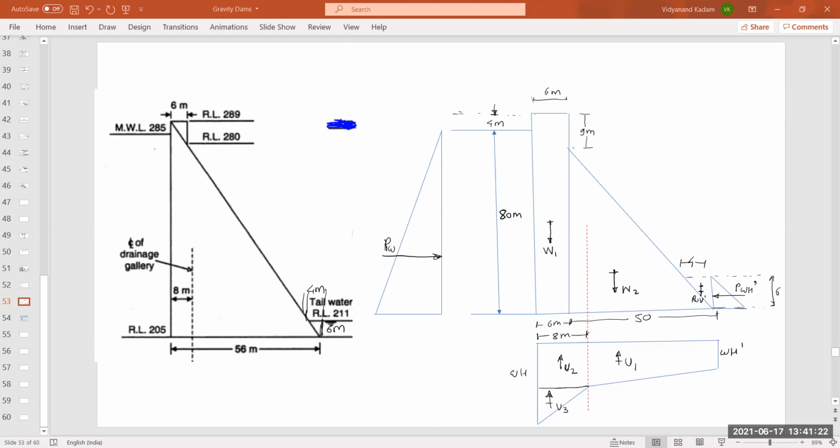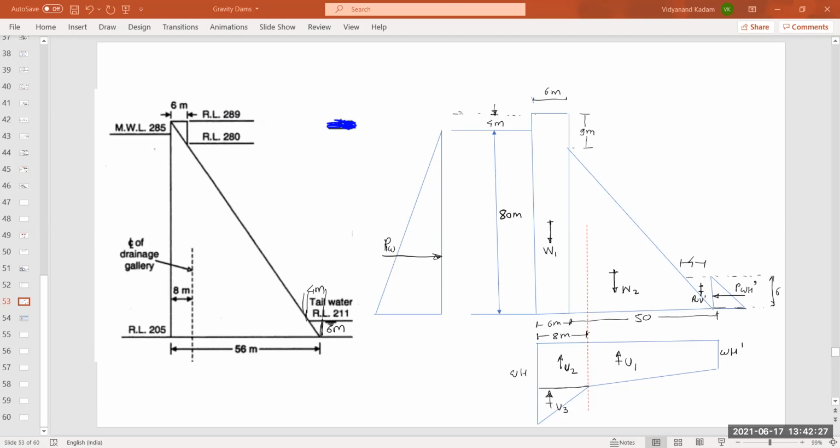We are talking about the calculation of this. Calculate the value W into H. What is W? It is 9.81. And H is small h, that is the height of water. See this gauge.